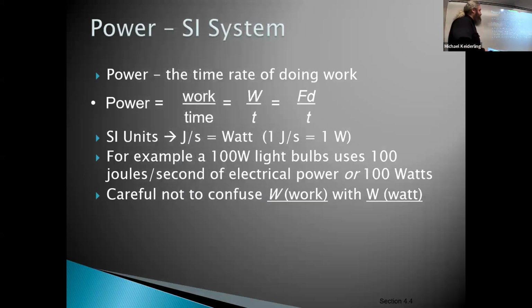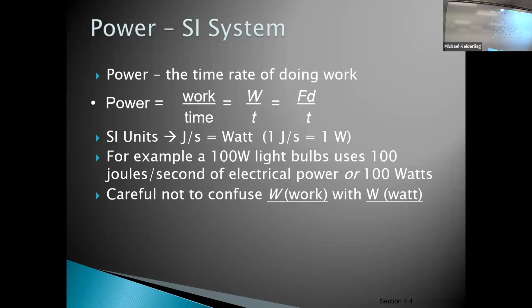Now, power. Power is what we're going to talk about today. Power is work over time. So that is force times distance over time. And distance over time, that's speed.